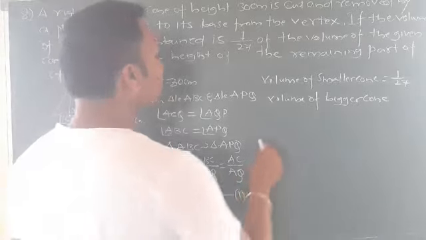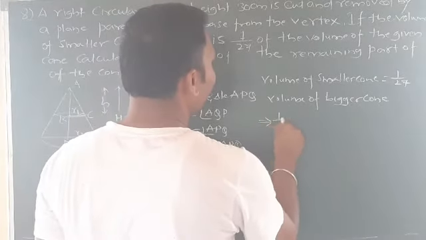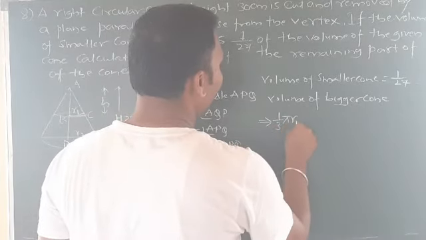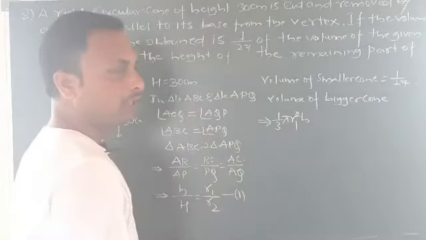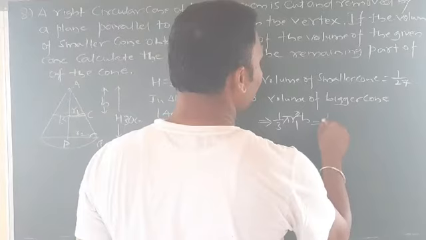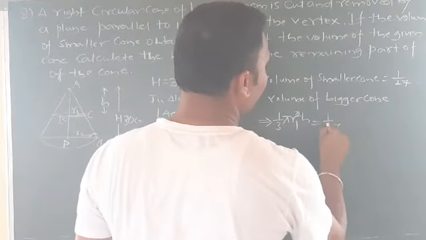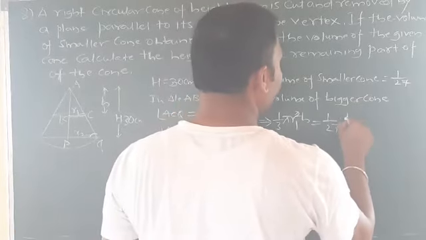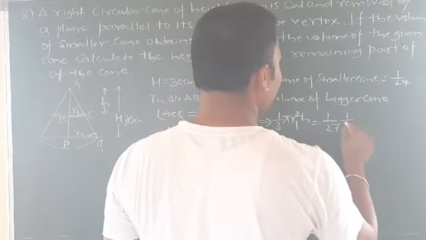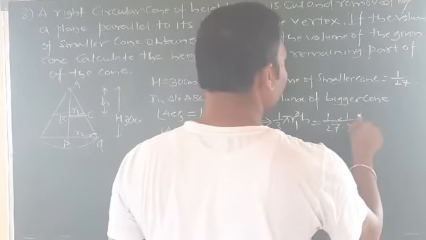The volume of a cone formula is 1 by 3 pi R1 square h. This equals 1 by 27 of the volume of the bigger cone, which is 1 by 3 pi R2 square into capital H.